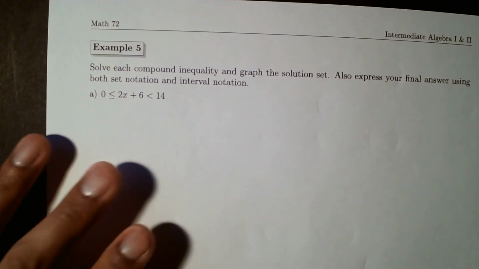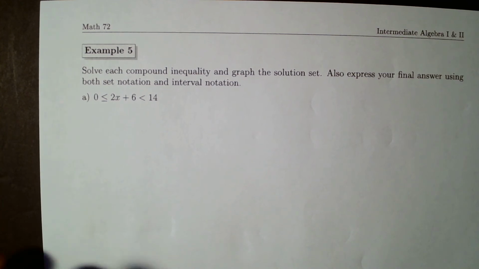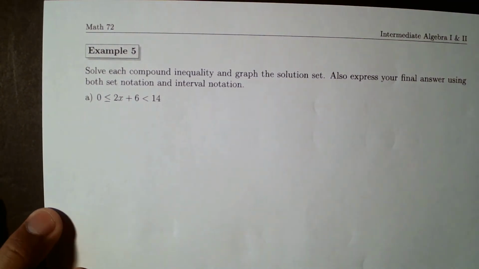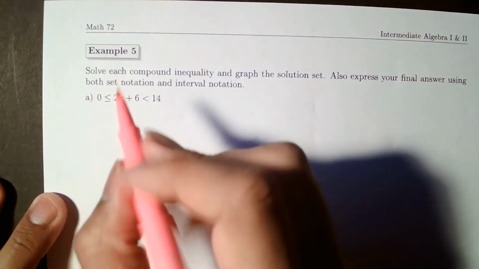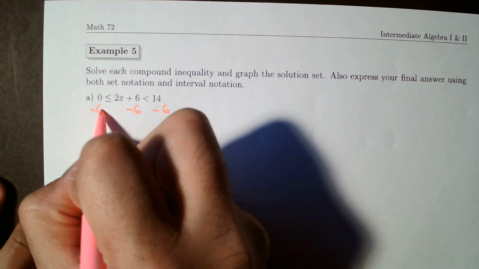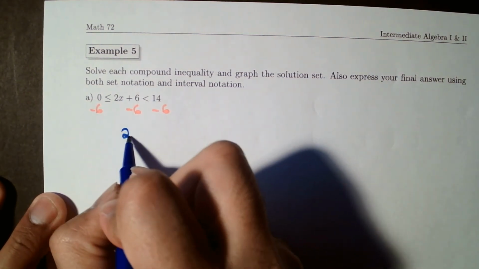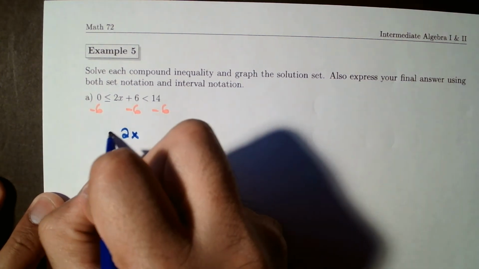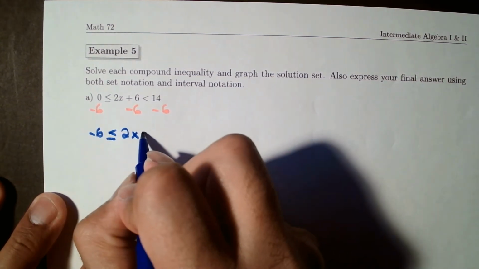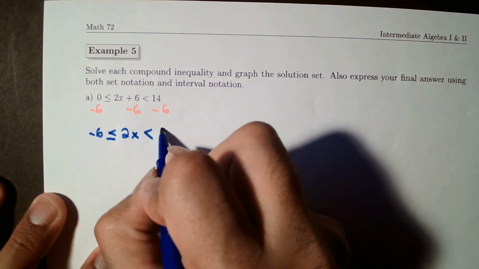So let's solve this inequality. Our goal is to get this x by itself in the very middle. So this is what we do. Subtract 6 on the 3 sides of the inequality. That's going to give us a 2x in the middle that's greater than or equal to negative 6 and less than 8.